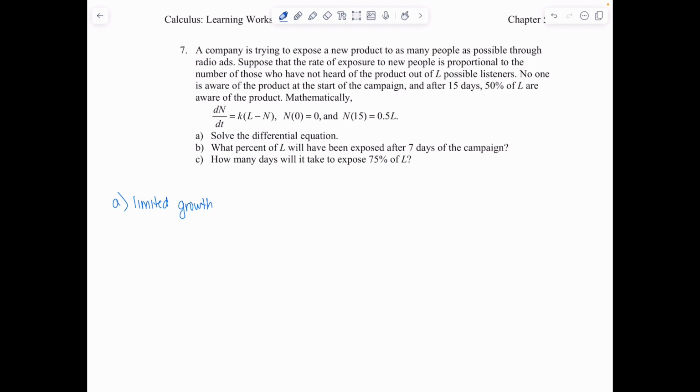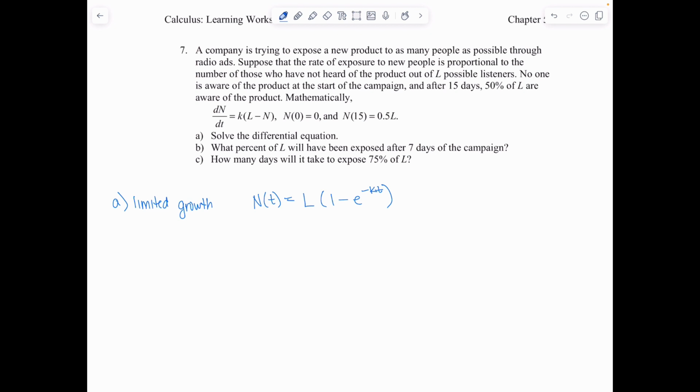So our equation is going to be N of t equals L, all the listeners, times 1 minus e to the negative kt. So we want to find what k is to finish our equation here.